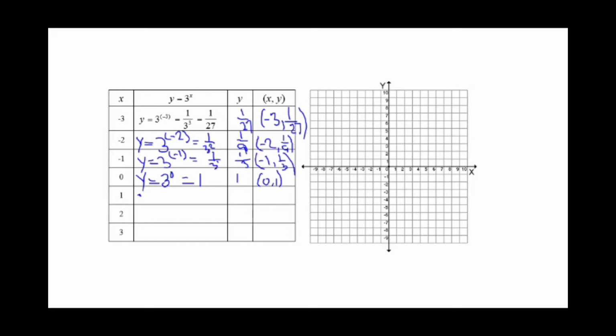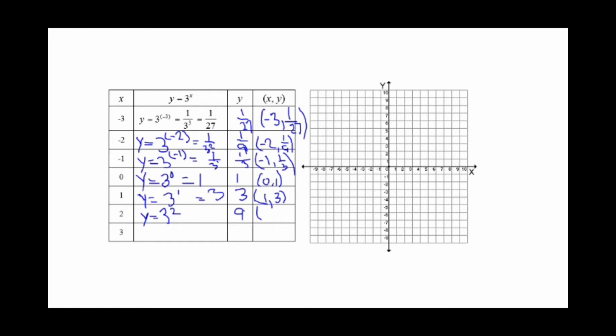X value of 1. So I have y equal to 3 to the first power. Anything to the first power is the number times 1. So this is 3. So I know my y value is 3. So it's going to be 1 and 3. Then I have 2. Y is equal to 3 to the second power. So that's 3 times 3, which is 9.